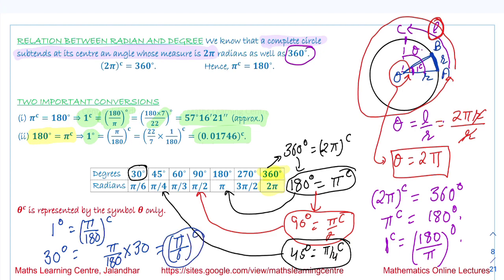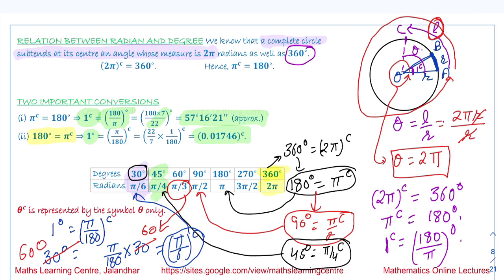Similarly, for 60 degrees, the answer we obtain is pi by 3 radians. So these are some standard values that you should always remember: 30 degrees is pi by 6 radians, 45 degrees is pi by 4 radians.